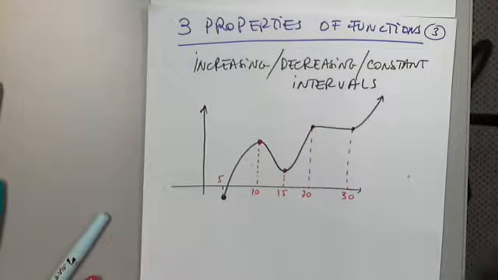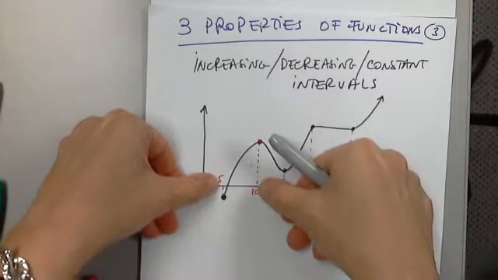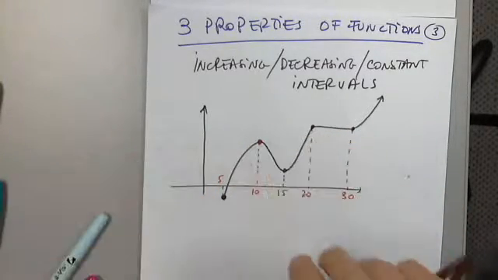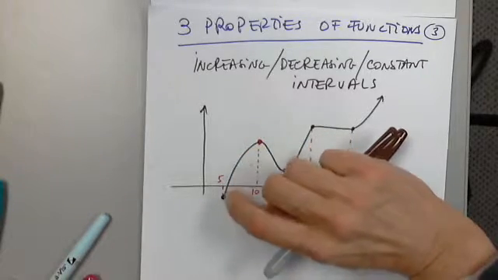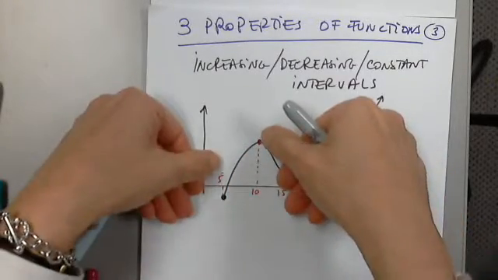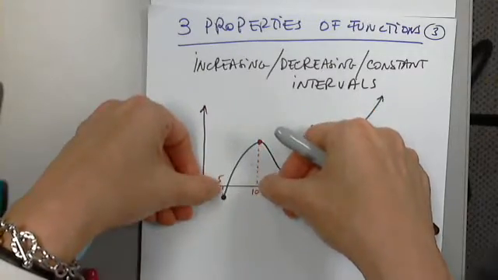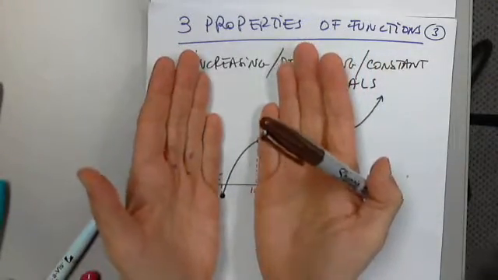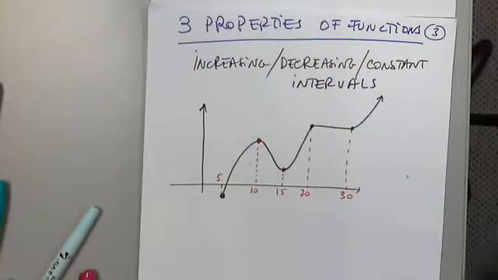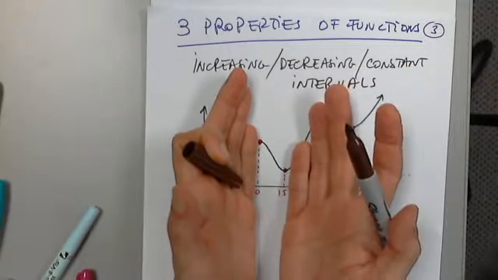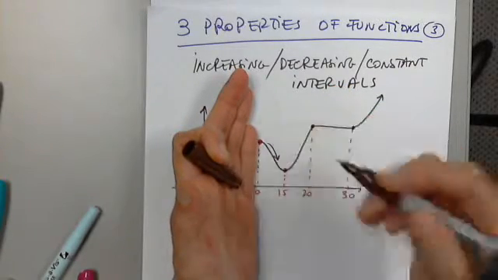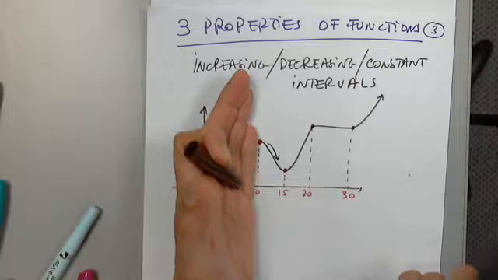So let's look between 5 and 10 and analyze the graph. And I'm sure we all realize that this function is going up. For any x value between 5 and 10, just for this interval between 5 and 10, the function is going up. Would you agree?